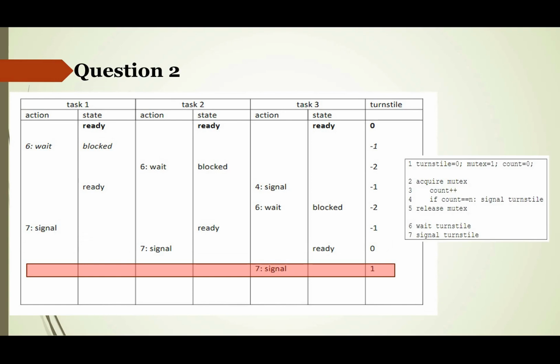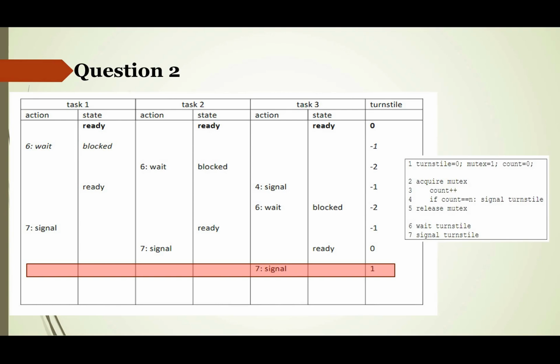So the final value of the turnstile would be -1. Please note that we start with an initial state, right? The initial state of tasks 1, 2, and 3 was that all of them were ready and the turnstile was 0. Now let's look at what happened after going through this code and releasing everything.